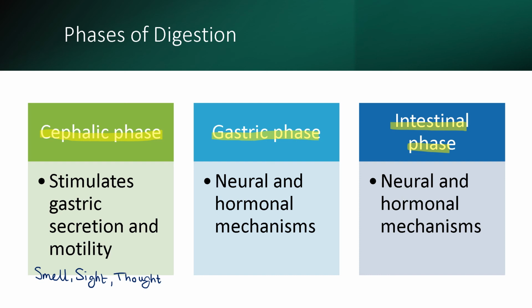Now, once food reaches the stomach, this is when the gastric phase of digestion begins. We have these neural and hormonal mechanisms that will regulate the gastric phase of digestion, and these both work to promote gastric secretion and gastric motility.